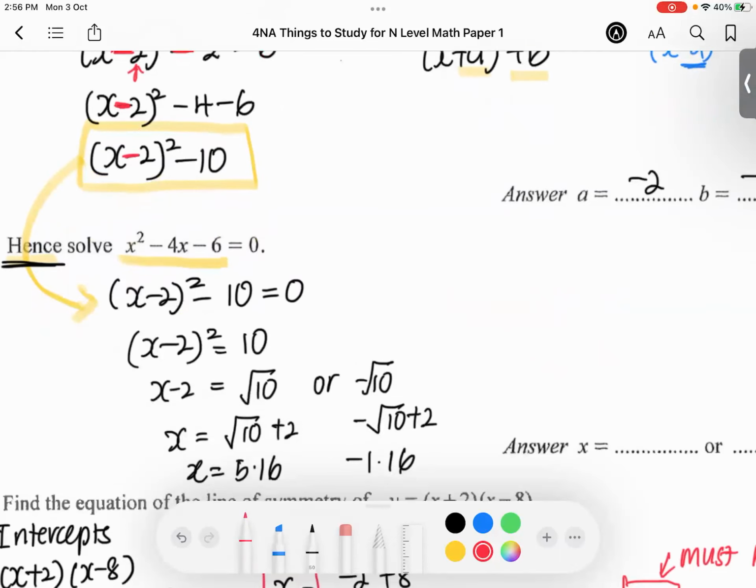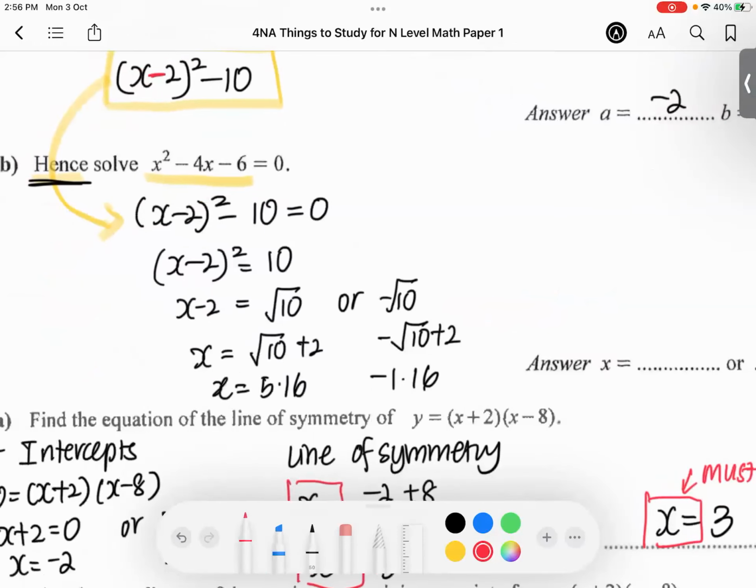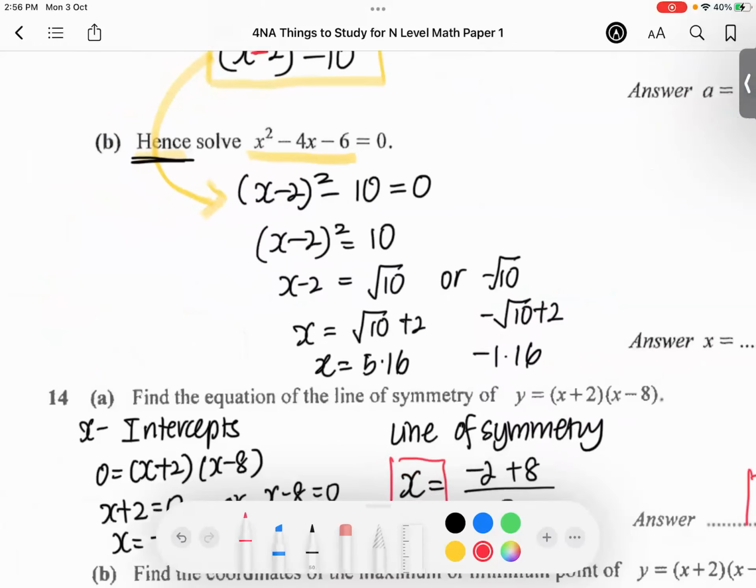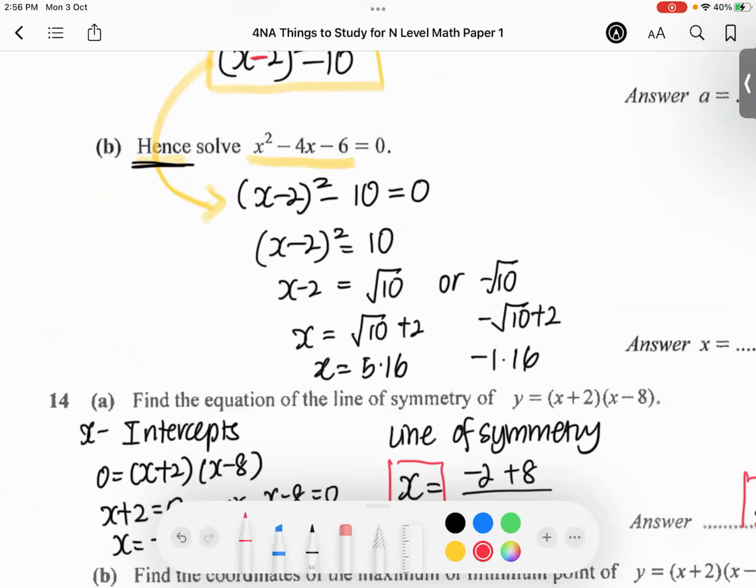Okay, so to solve this, I think by now most of you already should know the basics. You shift over the -10, then you take square root. Remember to take square root, you get 2 answers. Then if the question never state the accuracy, give the answer to 3 SF.